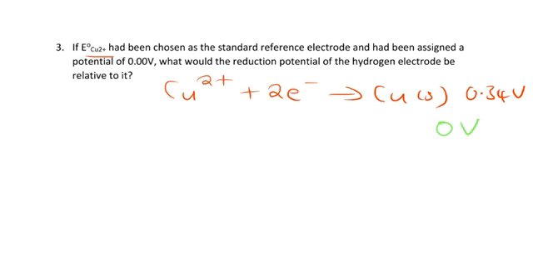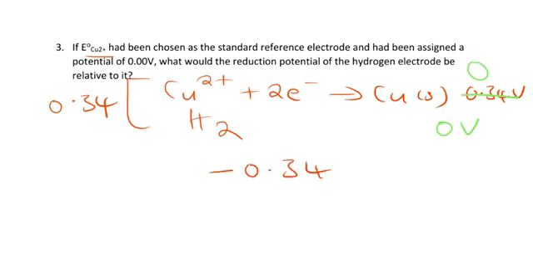If now copper becomes 0, and since you know that copper was 0.34 higher than hydrogen, then hydrogen is supposed to be less by 0.34, which makes it negative 0.34 volts relative to a copper of 0 volts. So that's the answer.